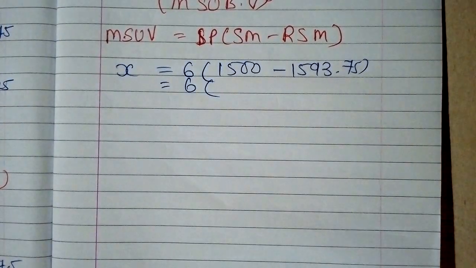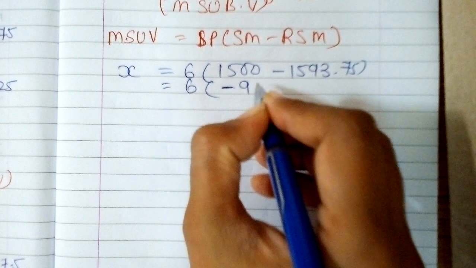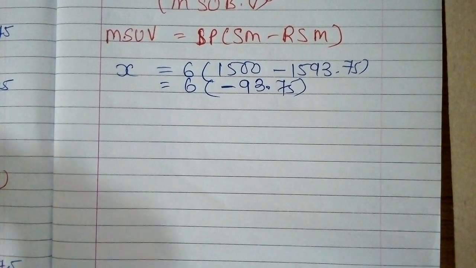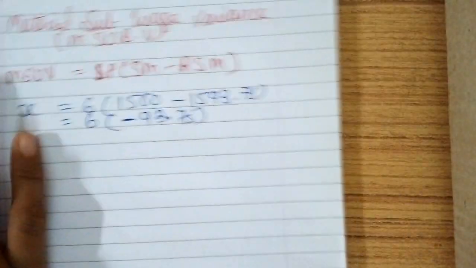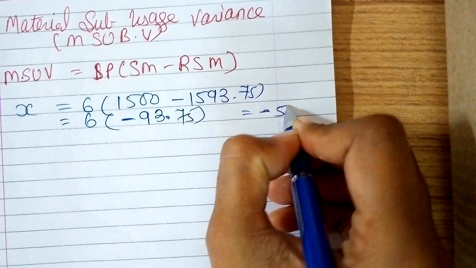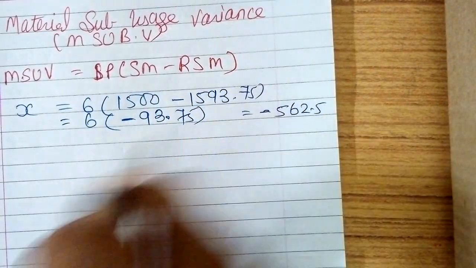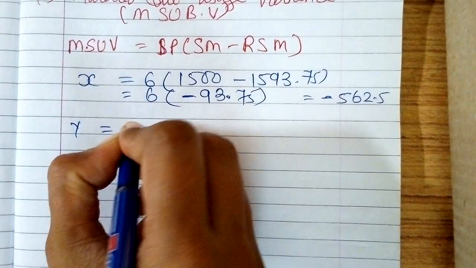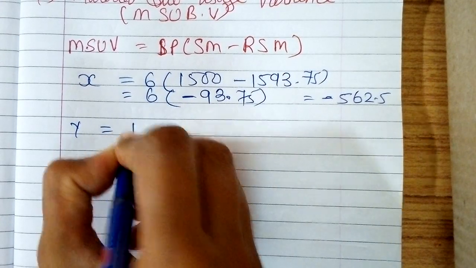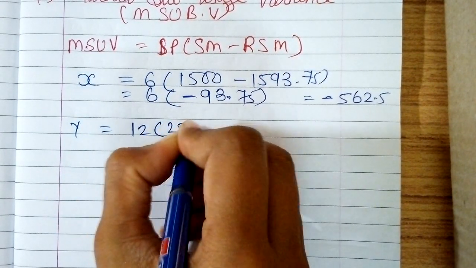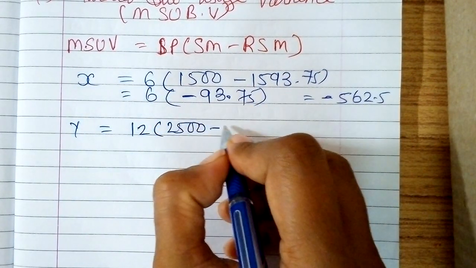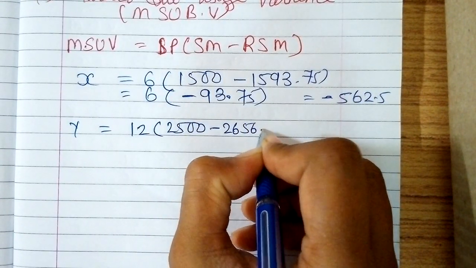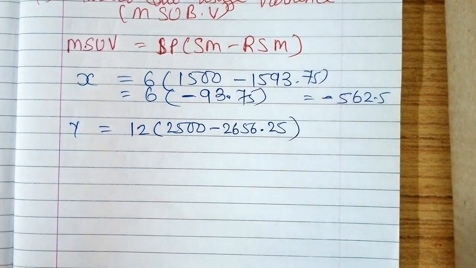So 6 into bracket negative 93.75. So the answer will be negative 562.5. For Y, standard price is 12, standard mix 2500 and revised standard mix 2656.25.